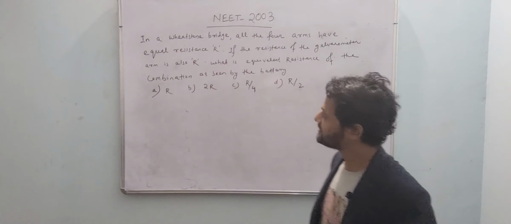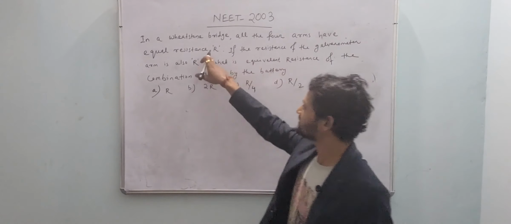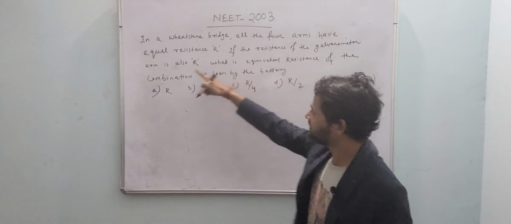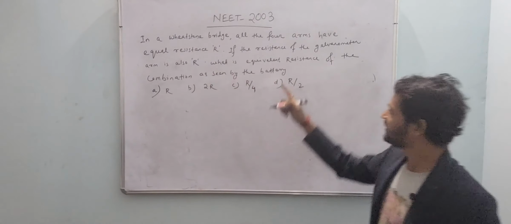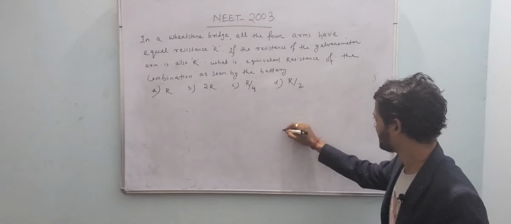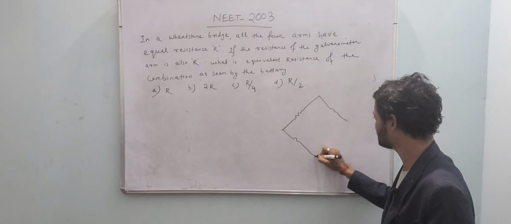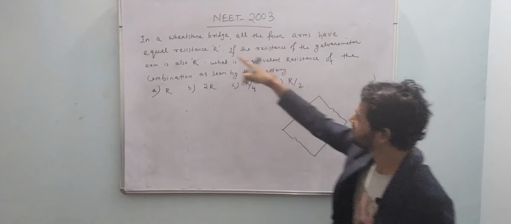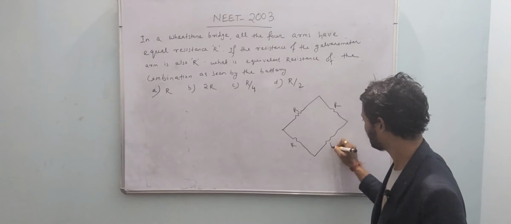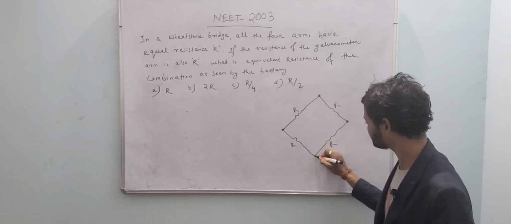Okay, coming to the next question, which came in 2003 NET. In this question, it is saying in a Wheatstone bridge, all four arms have equal resistance R. Then, if the resistance of the galvanometer arm is also R, what is the equivalent resistance as seen by the battery? So let us draw the diagram first. In a Wheatstone bridge, you will find four resistances, each of resistance R. There are 4 points.